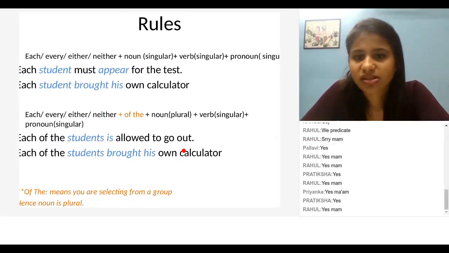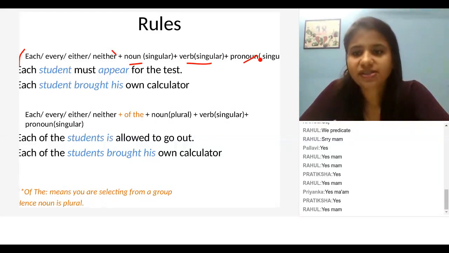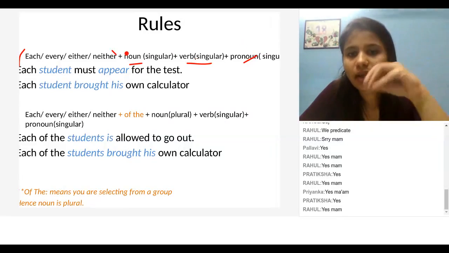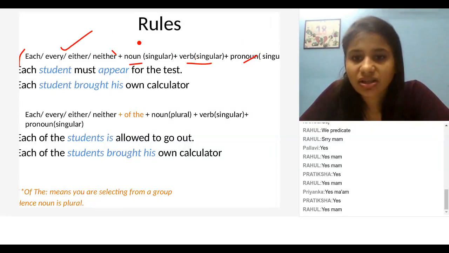Okay, so now this is one rule. Whenever you have each, every, either, neither, a noun, a verb, and a pronoun, whenever your sentence is in this structure, a noun, a verb, and a pronoun, and you have each, every, either, neither, then everything is going to be singular.